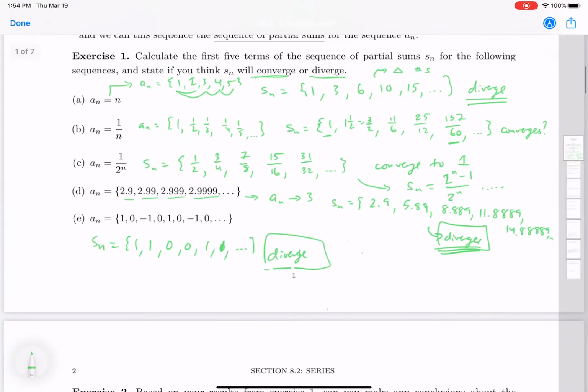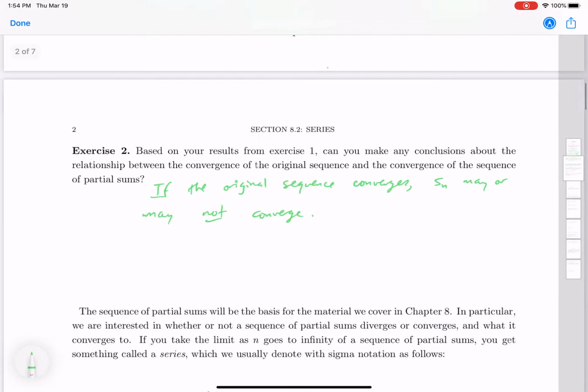So our example here is letter B, this sequence converges to 0. Letter C, this sequence converges to 0. Letter D, this sequence converges to 3. Letter E, it doesn't converge at all. So these 3 all had convergent sequences. One of them I wasn't sure if it converged. One of them I thought did converge, and the other one diverged. So just because the original sequence converges, your partial sums may or may not converge.